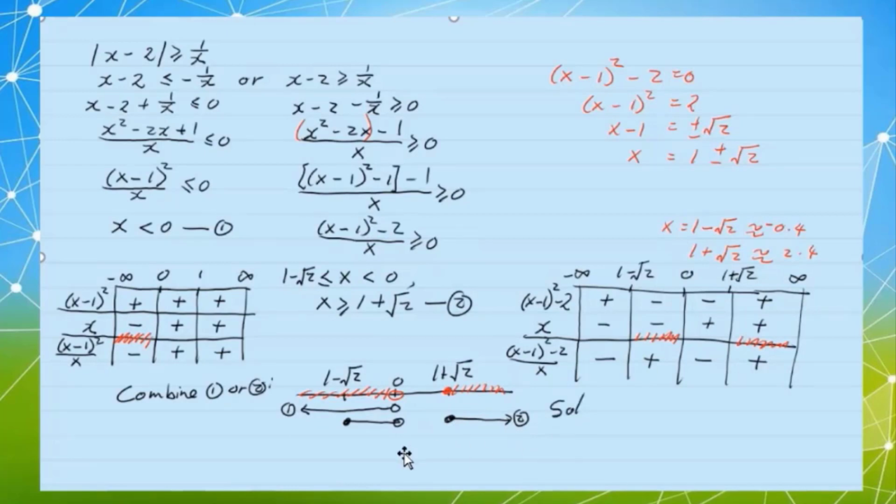So therefore, we can write the final solution as x less than 0 and also x greater than or equal to 1 plus square root of 2.